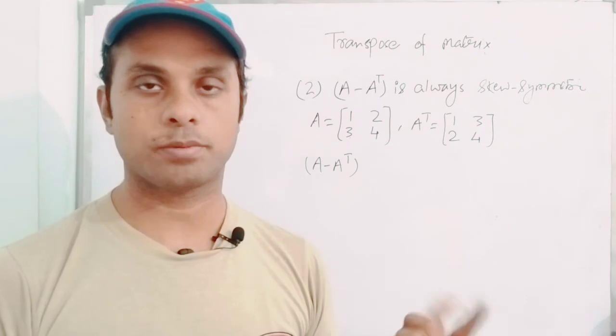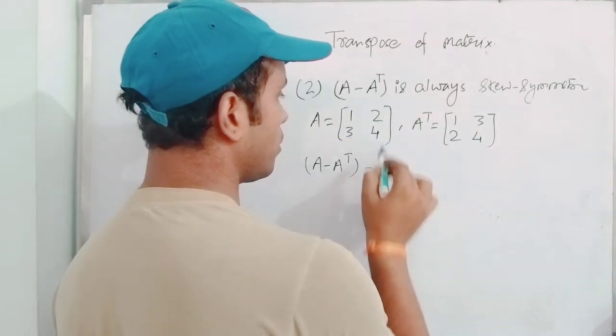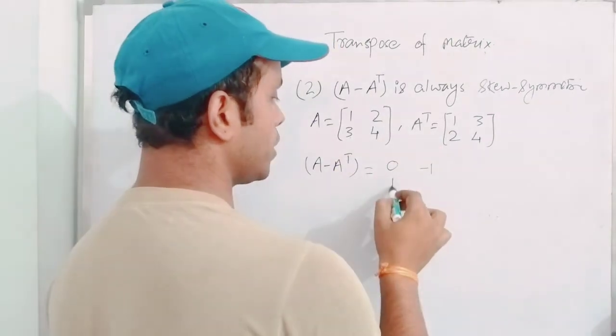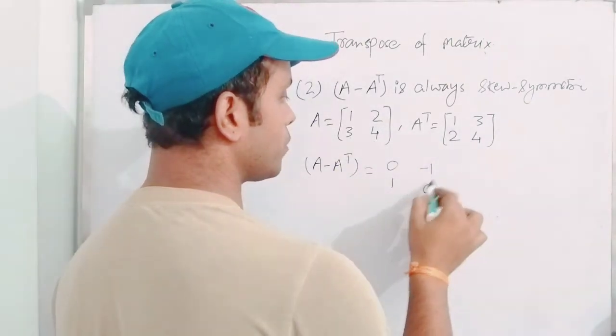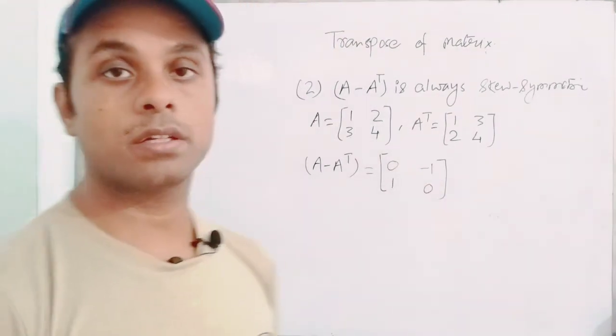Just subtract the corresponding rows. 1 minus 1 will be 0, 2 minus 3 will be minus 1, 3 minus 2 is 1, and 4 minus 4 is 0.